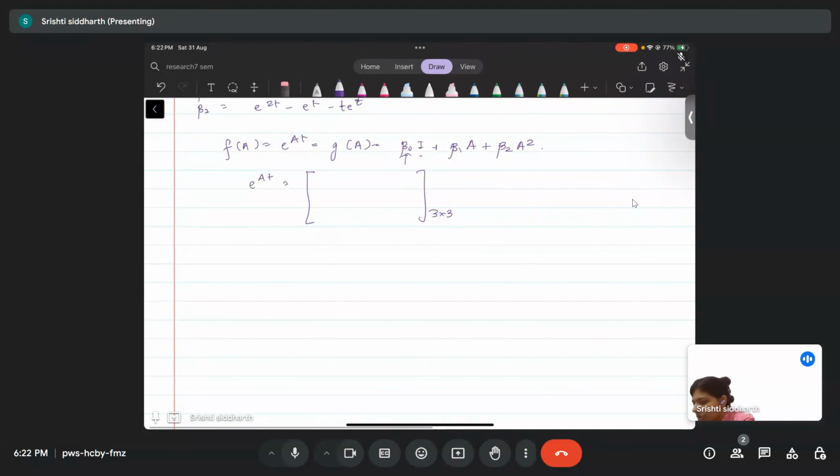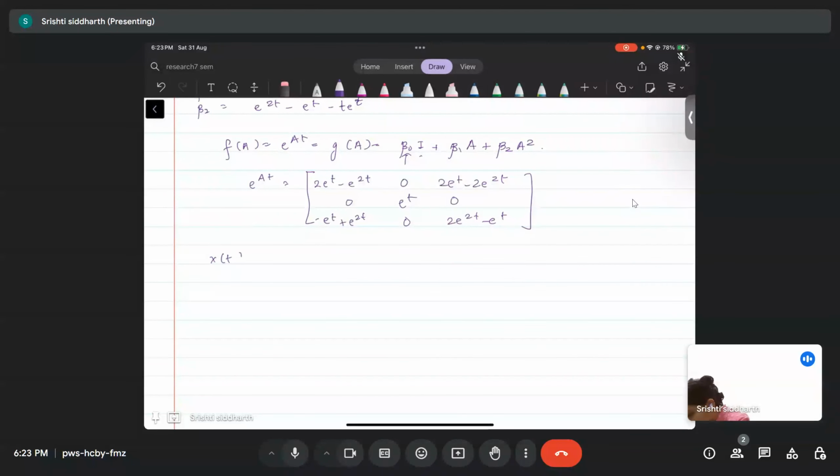So I'm going to write down the final expression. So this comes out to be 2e to the power t minus e to the power 2t, 0, minus e to the power 2t, then you have 0, e to the power t, 0, and then again 2e to the power 2t minus e to the power t.